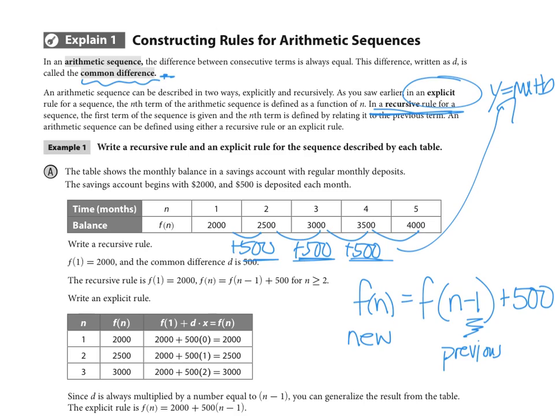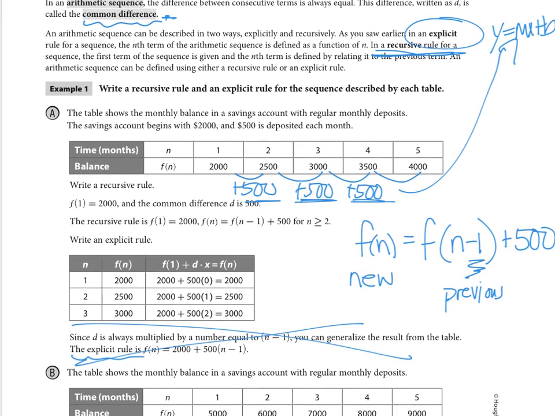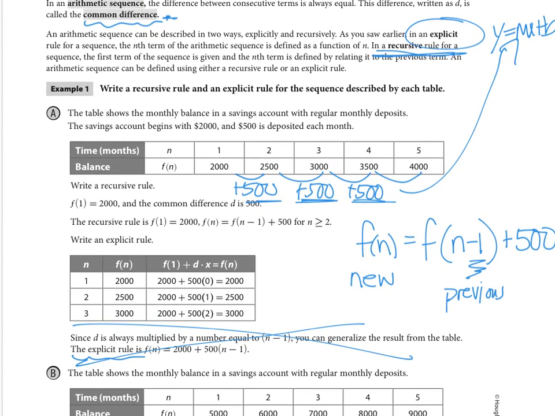So the book talks about a way to come up with the explicit rule here. I'm going to completely ignore that. We're not going to do it that way. We're going to do what I think is much more simple. And we're going to go back to what we referred to here. When we talk about the b, we're talking about the zero term.